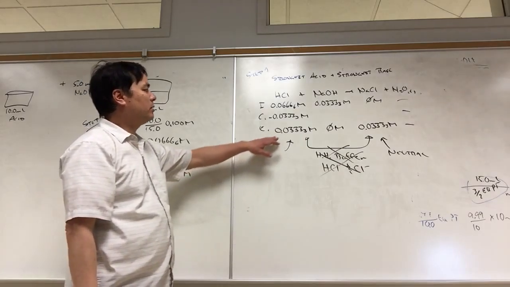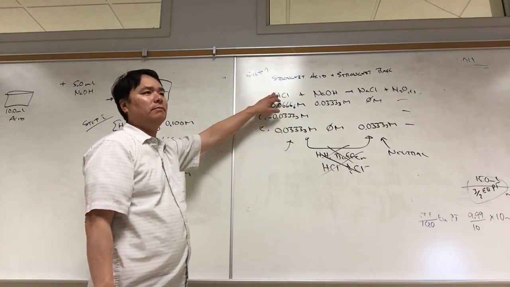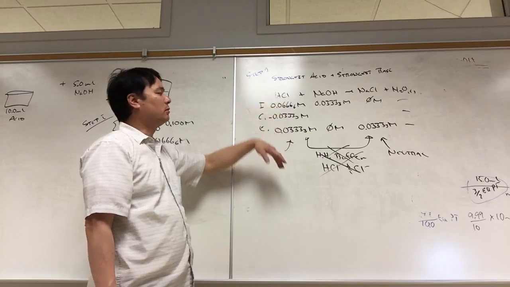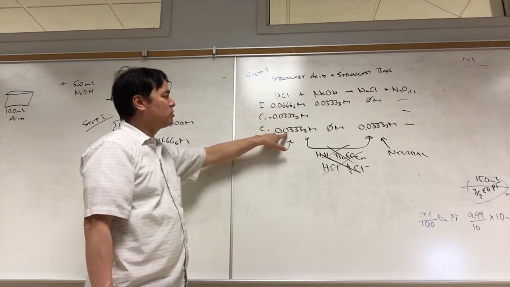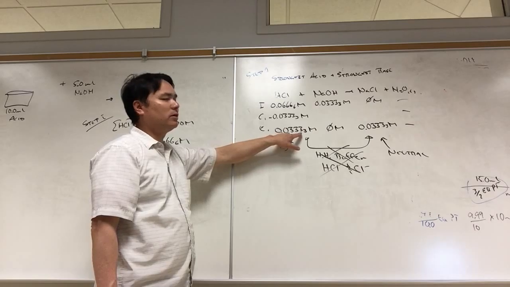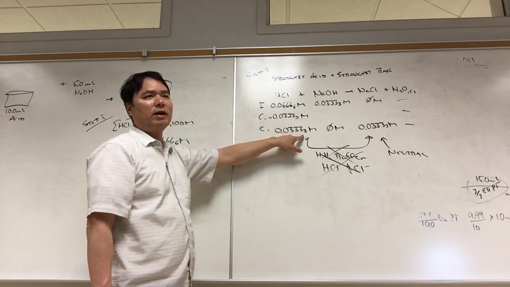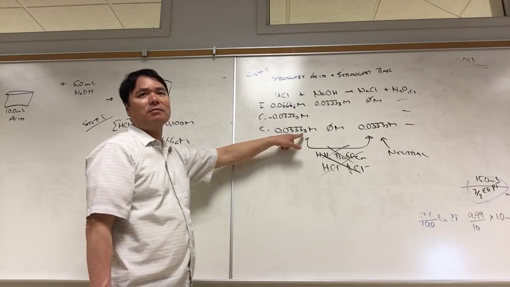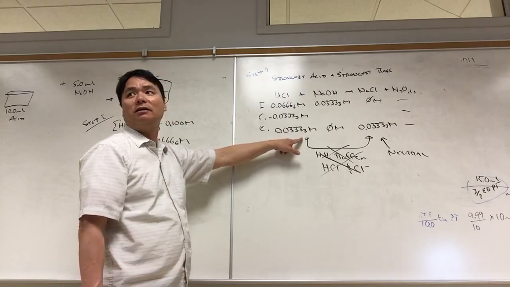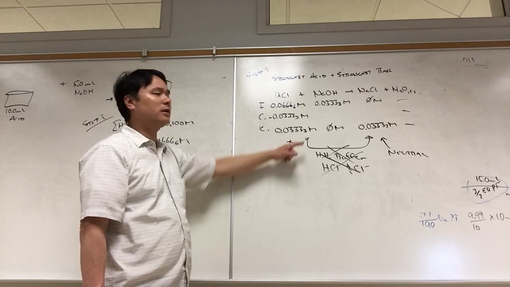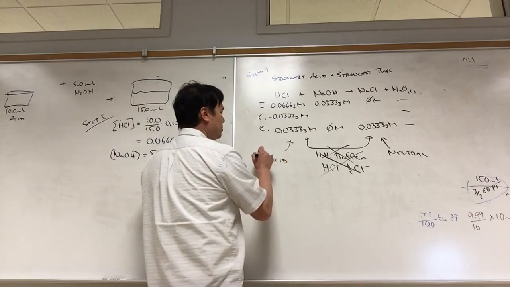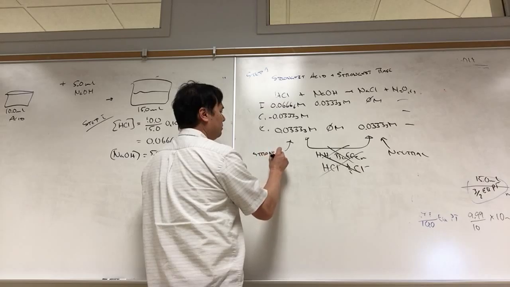And so the biggest hydronium ion contributor will be HCl, and then what would be the next biggest? Water. And so if I have a hydronium ion concentration of 0.03333, am I really going to worry about water? Not at all, because the most water is going to give me is like 10 to the minus 9, 10 to the minus 8, right? Which is not going to be significant. And so this is just an acid solution. It's a strong acid solution I'm left over with, like chapter 16.